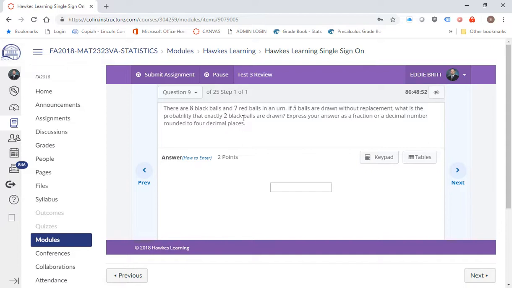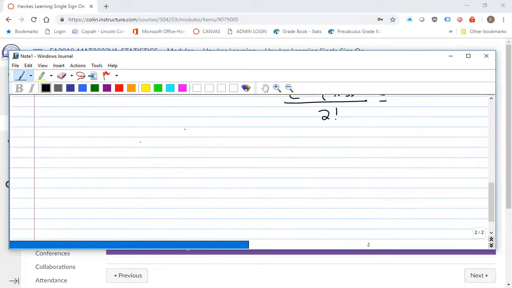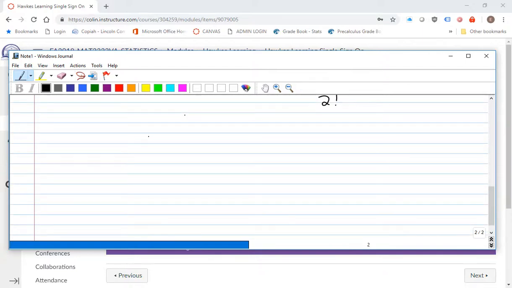this problem is a hypergeometric probability distribution. So the formula that we use for that is a little more complex. This is a hypergeometric probability distribution.